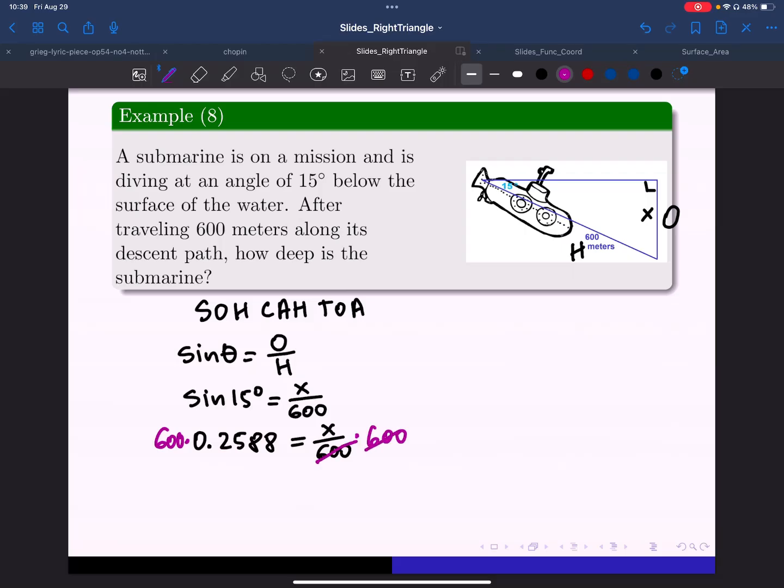This cancels out, and we have that my x is equal to 155.29 meters. The depth of the submarine is 155.29 meters.